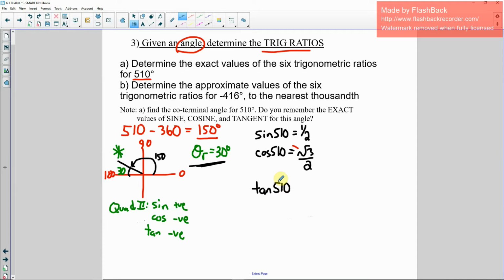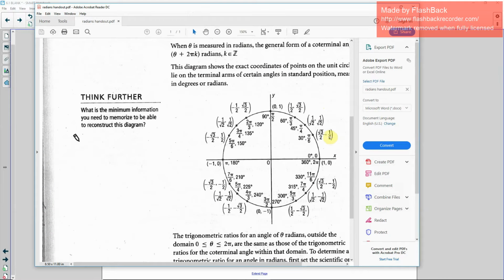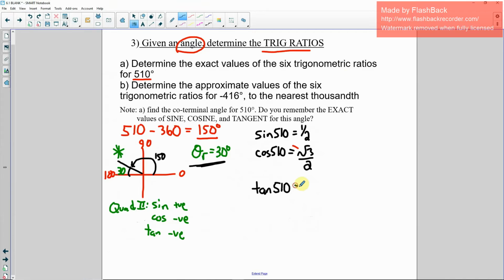If you do tangent 510, that one's going to be a little bit more work, because we need to do the ratio of y over x. So y is 1/2, x is square root 3 over 2. You would have done this in grade 11.